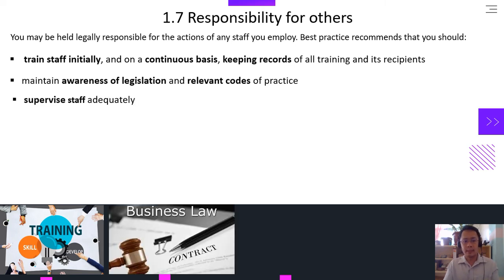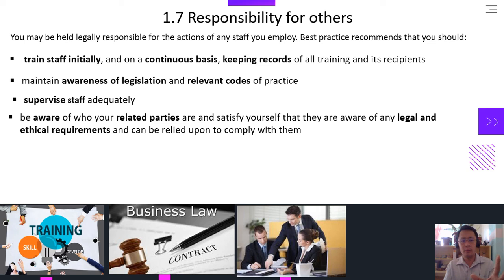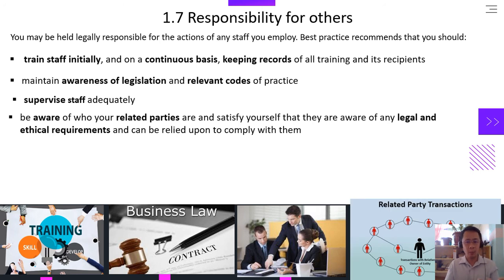And also supervise staff adequately. You must check whether they are following what they have been trained on, and whether they are following the laws and the codes that have been given to them. Be aware of who your related parties are and satisfy yourself that they are aware of any legal and ethical requirements, and can be relied upon to comply with them.